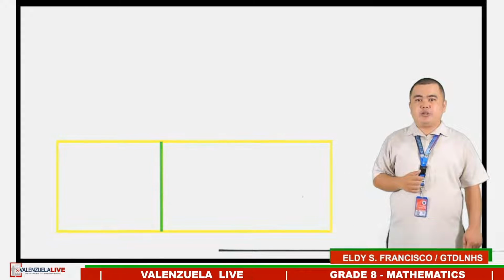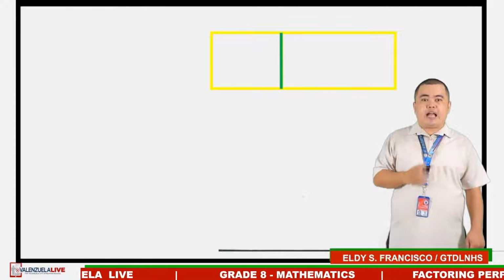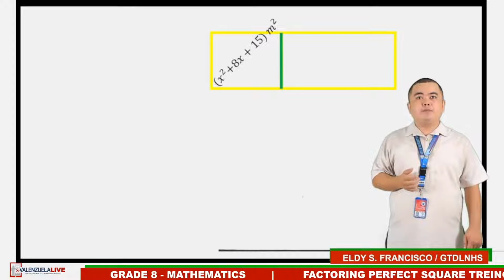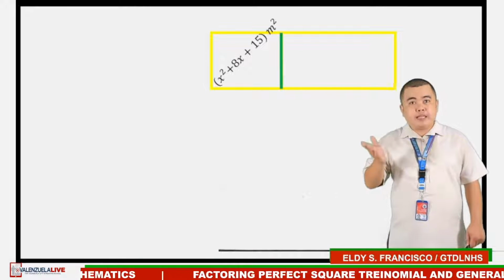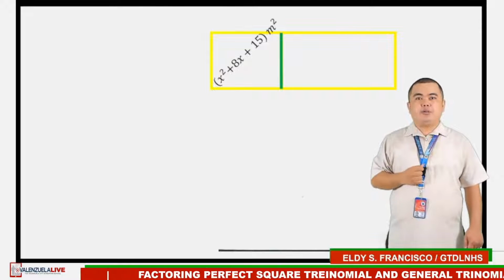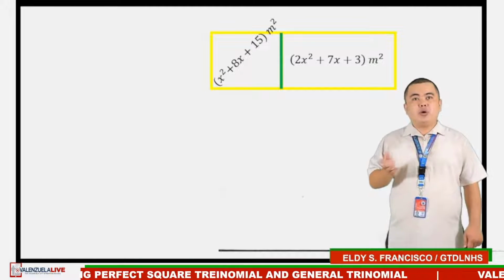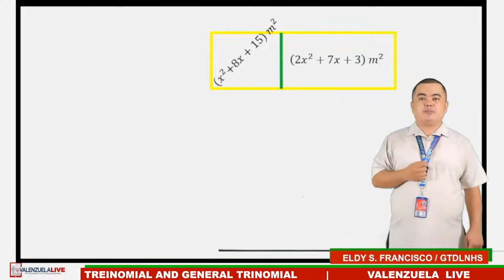From the illustration, we can now write the area of each rectangular fence. For the first fence, we have x squared plus 8x plus 15 square meters. And for the second fence, we have 2x squared plus 7x plus 3 square meters.